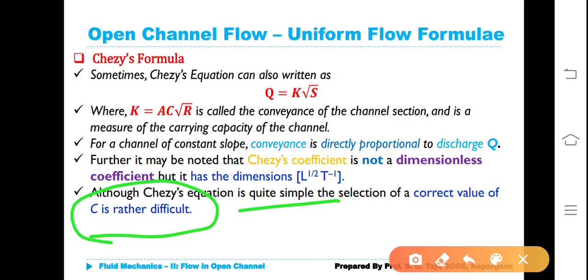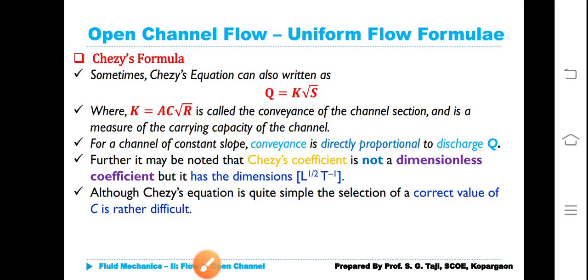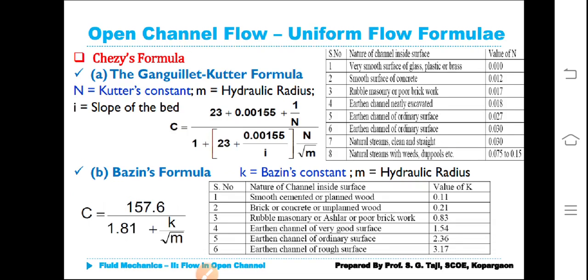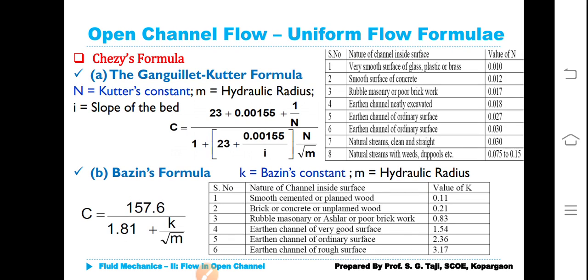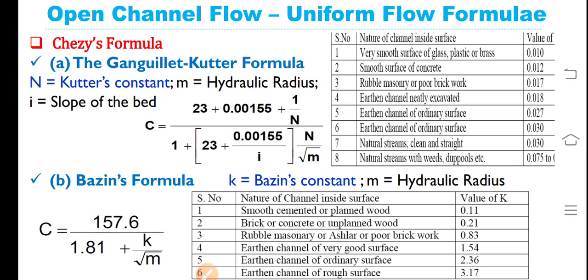Therefore, depending upon the surface of the channel and the bed slope, we can find the value of C using two different equations, as I mentioned earlier, known as Kutter's formula and Bazin's formula. Kutter's formula depends on the inside surface of the channel and the value of capital N.